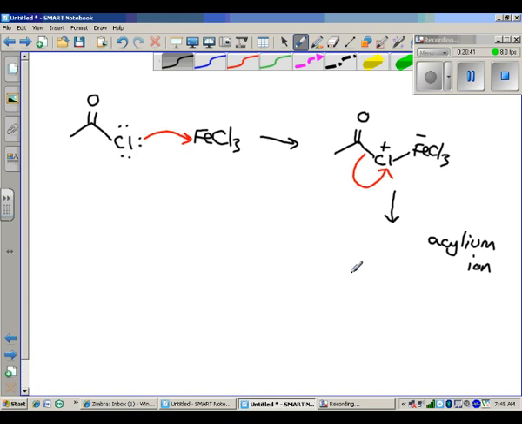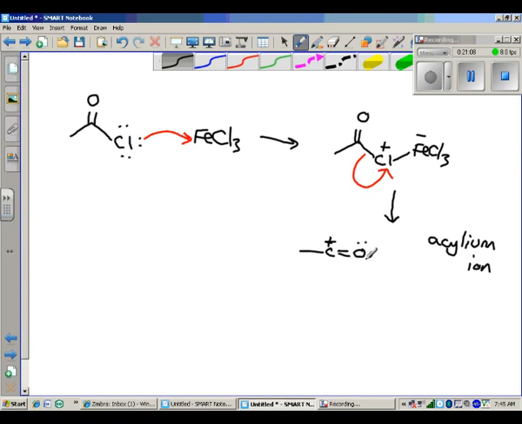And so what it actually looks like is, it looks broadly like this. So we've broken that bond here, and so that carbon now only has 3 bonds to it. So it has a plus charge on it. You might say it doesn't look very happy.